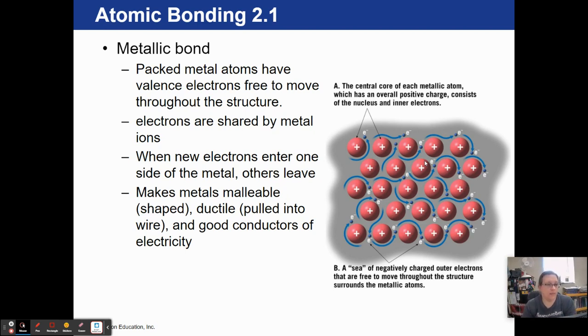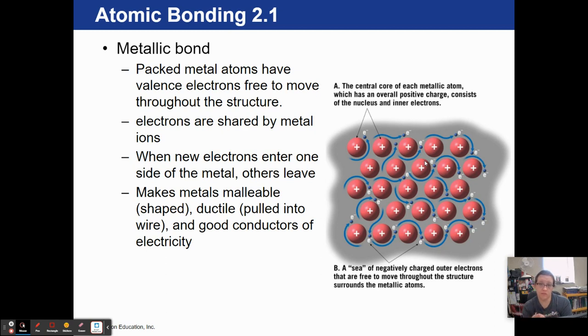So metallic bonds make metals, and it makes the metal malleable. That means it's not going to be this rigid, hard, shattering type of material like a cube of salt would be. If you hit it, it's going to break apart into pieces.